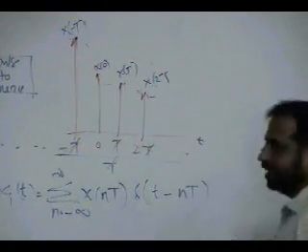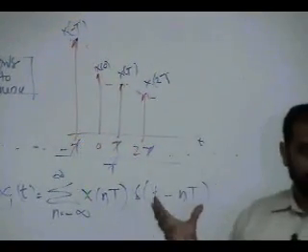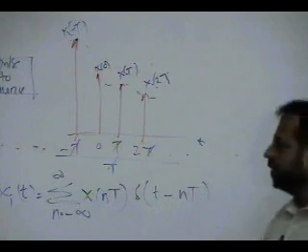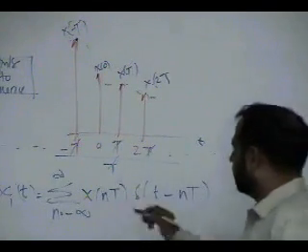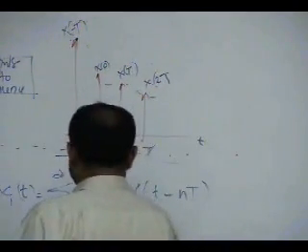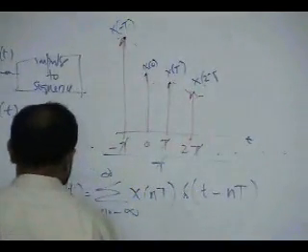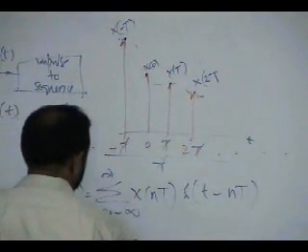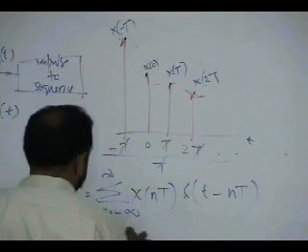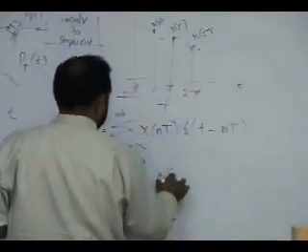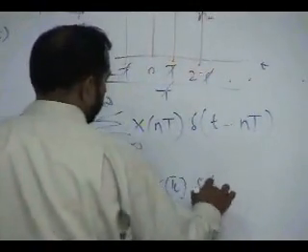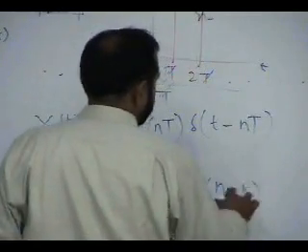So we don't really see anything to appreciate the model at this point, right? We say, okay, what is the point? So here x of n is in fact, you can use k, x of k delta of n minus k.